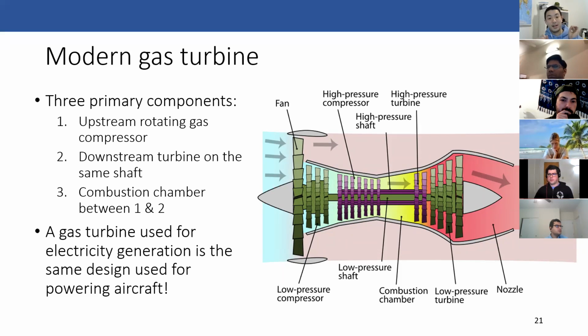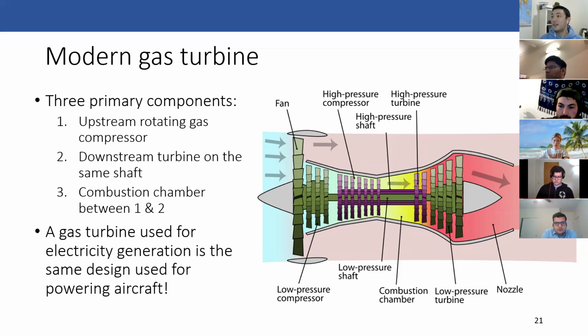And so you are essentially combusting the natural gas within the turbine, and that causes the rotors to spin as it moves through the turbine downstream. And so you're getting a lot of energy from the combustion of the natural gas, which leads to this high heat and pressure from the byproducts of the combustion.